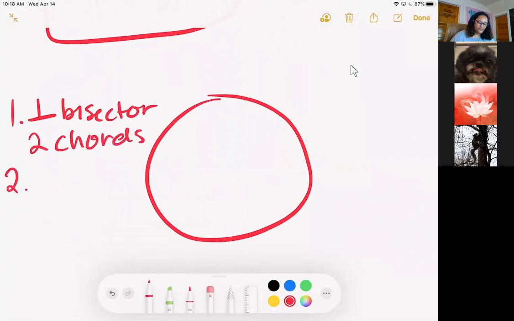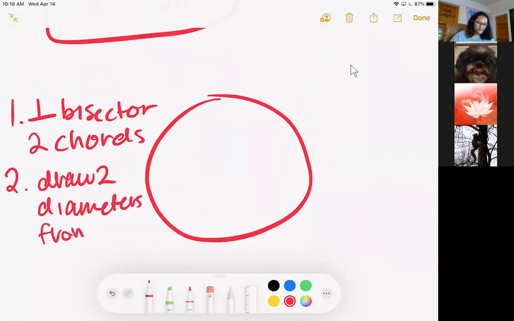We can draw 2 diameters from right inscribed angles.